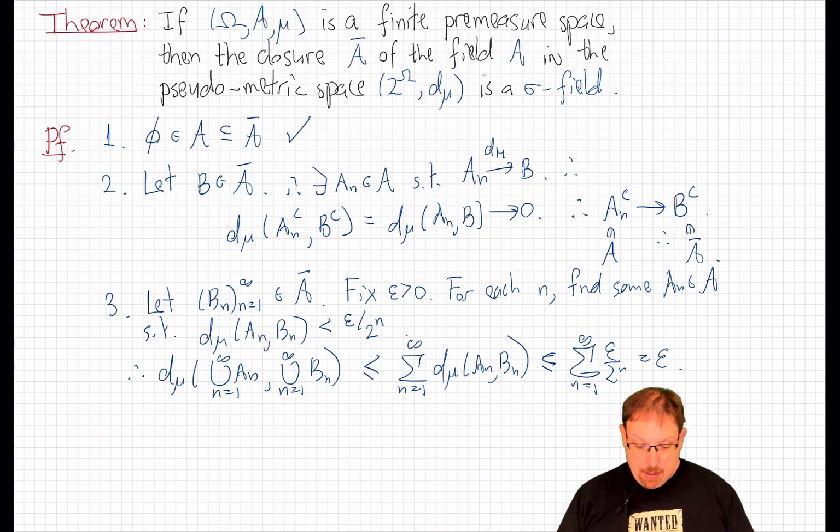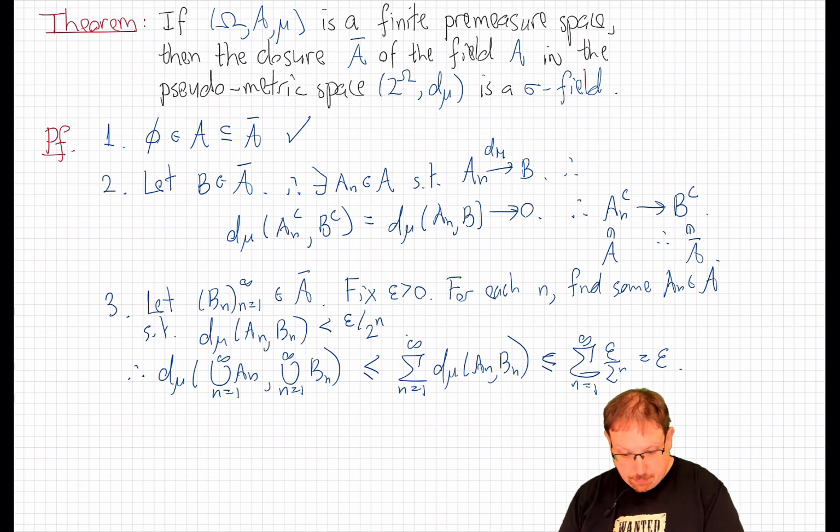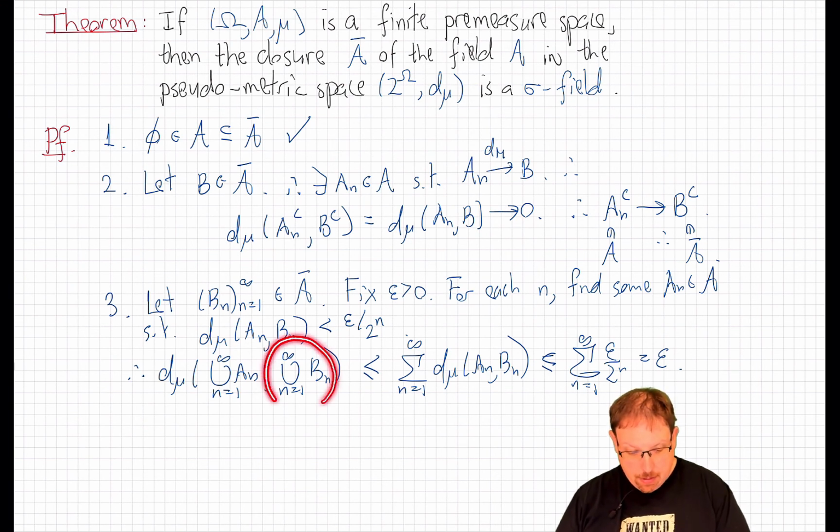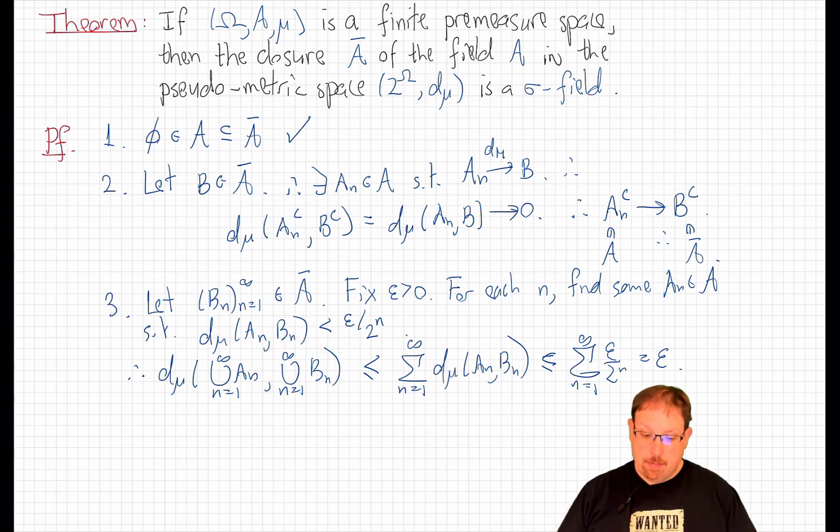So that means that we can find a set here, a union of the A_n's, which is within any small distance that we want of the union of the B_n's.